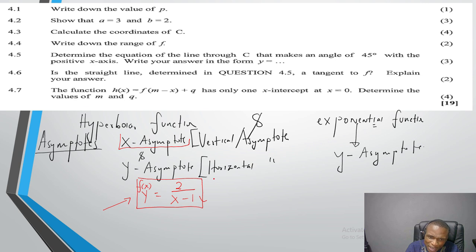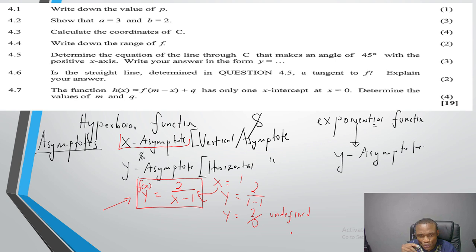Now, let's find when x is 1, using this equation, let us find y. So we say y equals 2 over x is 1, so we say 1 minus 1. So y equals 2 over 0, which is undefined. Any number divided by 0 is undefined. So we see that when x is 1, we cannot find the value of y.